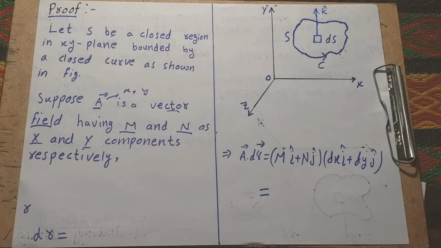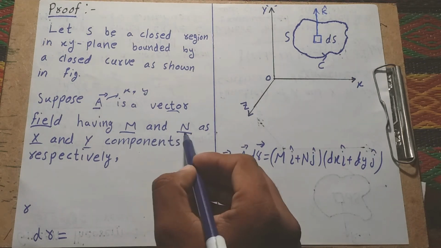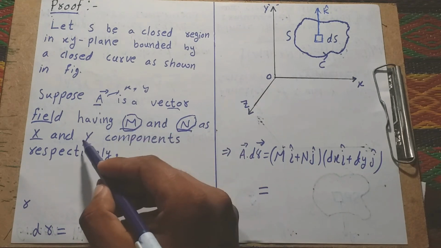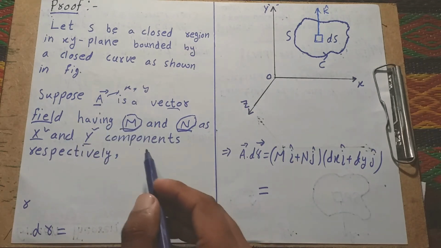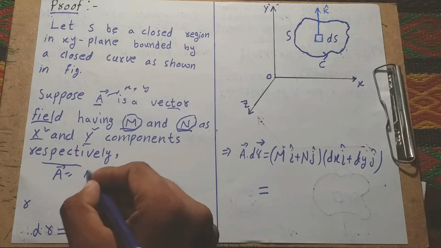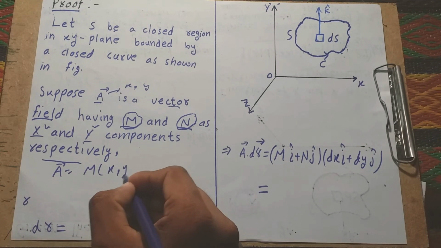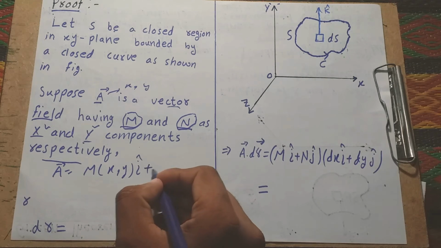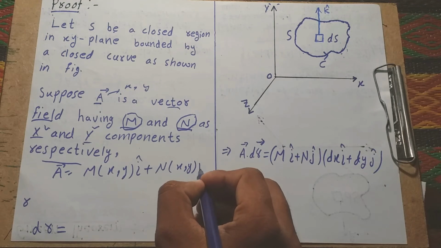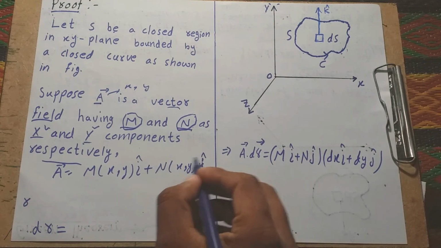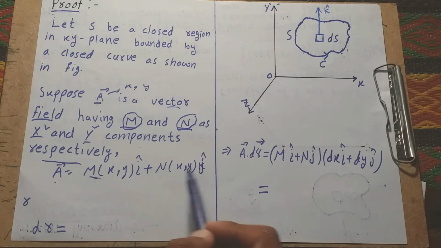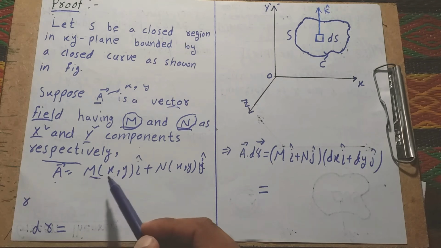We use M and N as the x and y components respectively. A is a vector, M and N are its components, and they are functions of x and y. This is a component of vector A, i and j are the directions of the components, and M and N are functions of x and y.